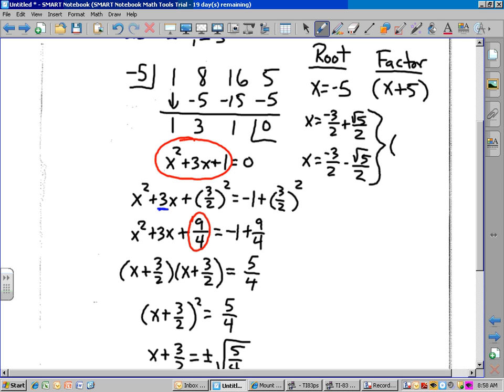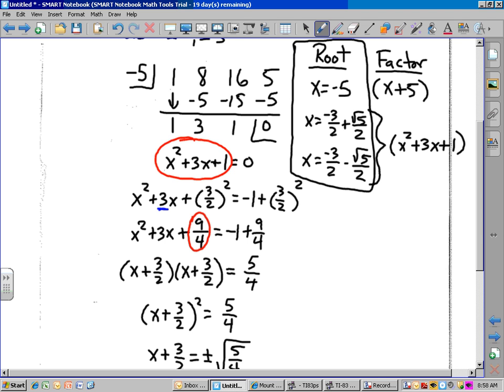We know that what we divided by is a factor, and we know that the quotient is also a factor. So x squared plus 3x plus 1 is also a factor of that. We're not going to break it down. We could say x plus 3/2 minus the square root of 5 over 2, but it really doesn't help us. There's really no use to doing that. So we have our roots.